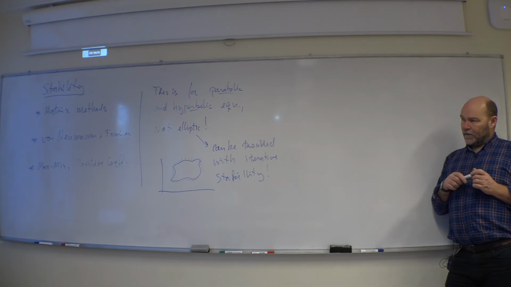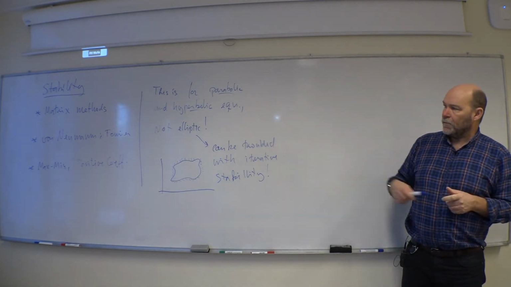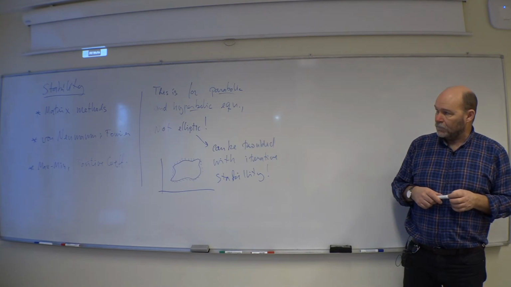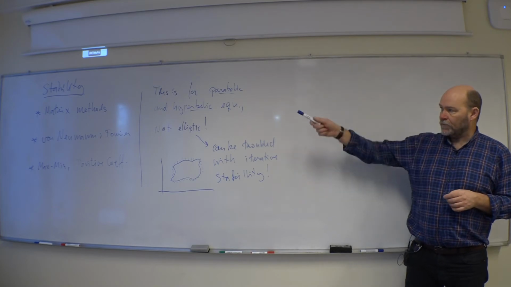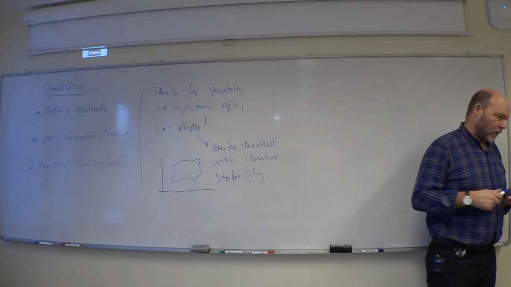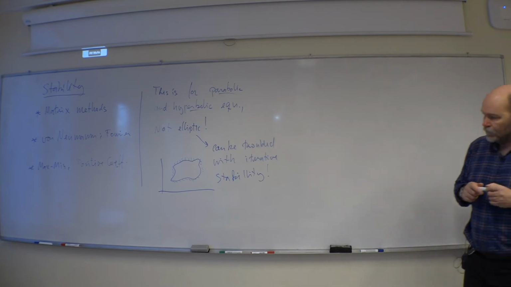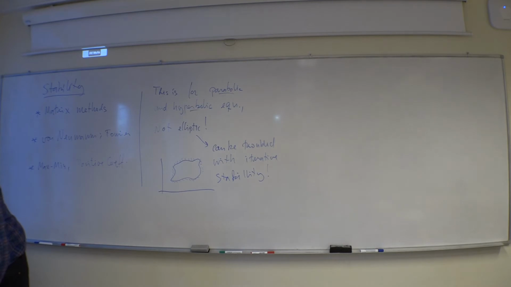So it's not numerical stability. We should have a different name for that one as well. Stability and iterative stability, that's okay. Everybody with me on this? There are two quite separate things. That's good. So how do we deal with stability?